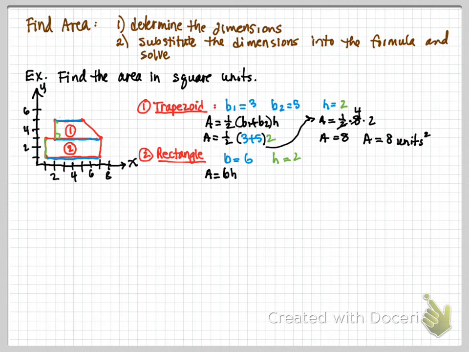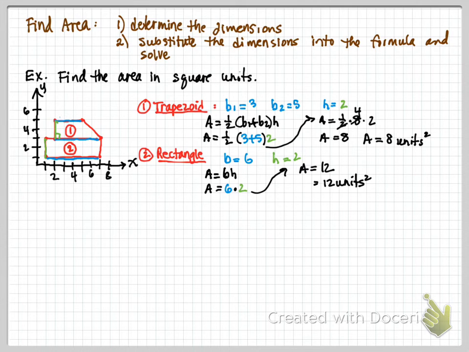So I'm going to go ahead and substitute my numbers in, and I'm going to get 6 times 2. And to conserve space, I'm just going to continue over on the right, and I get A equals 12. So that's the area. We get 12 square units.